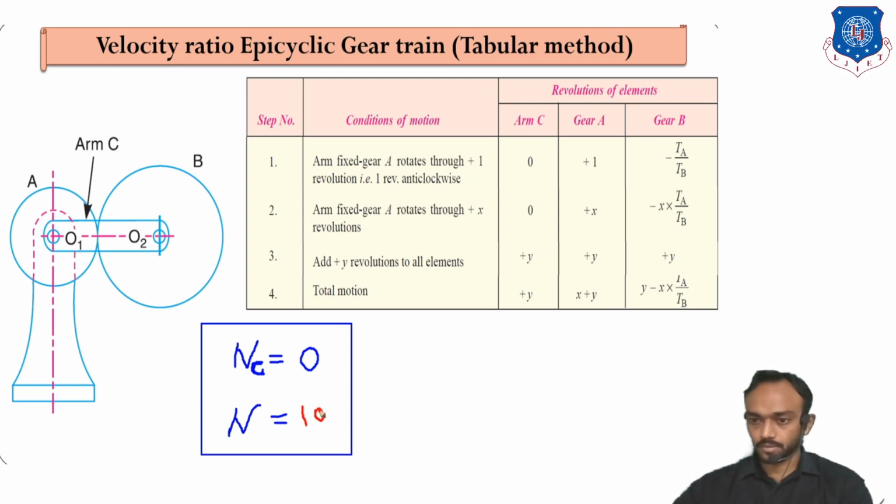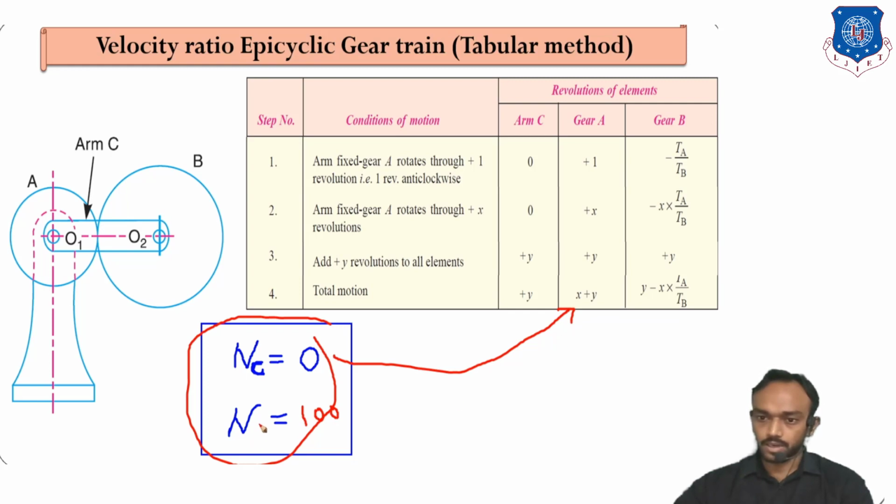Like I can say here 100, and using these 2 data we will compare. Like here is A, so sorry, consider the RPM is given, NC is equal to 0 and NA is equal to 100.